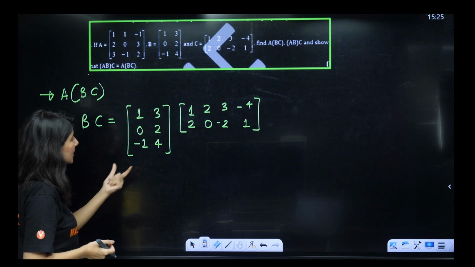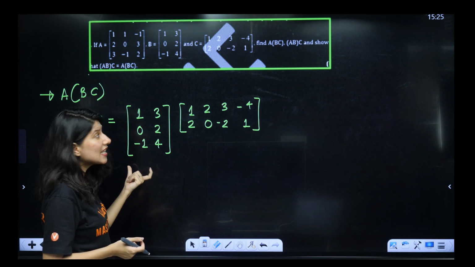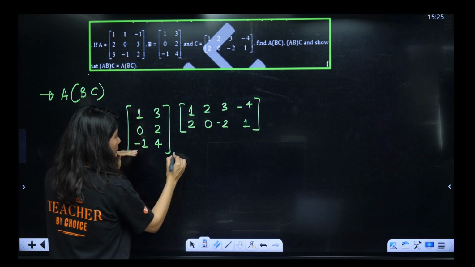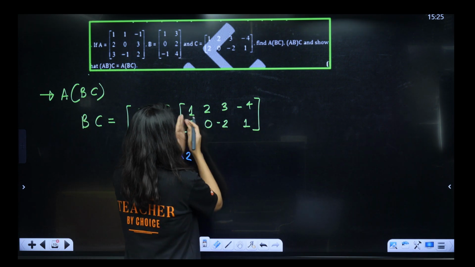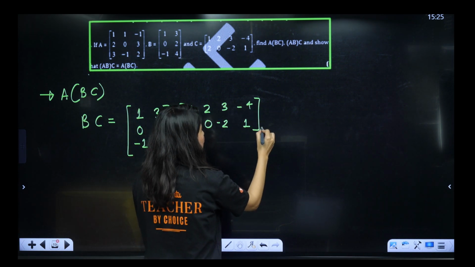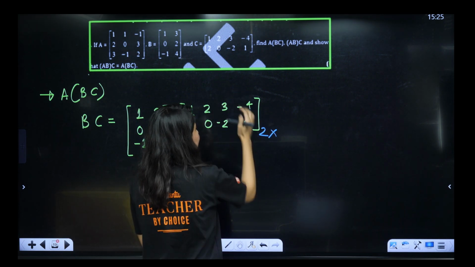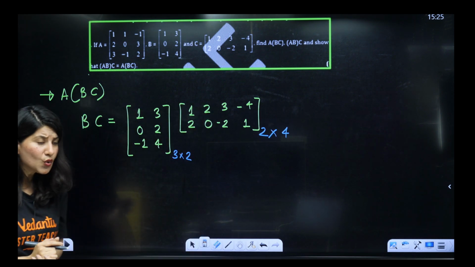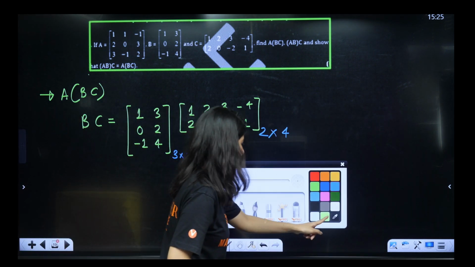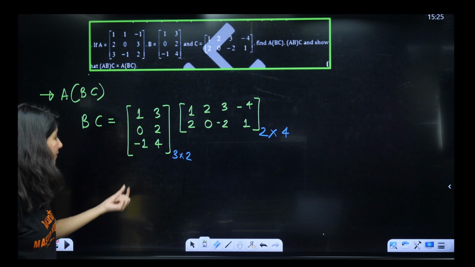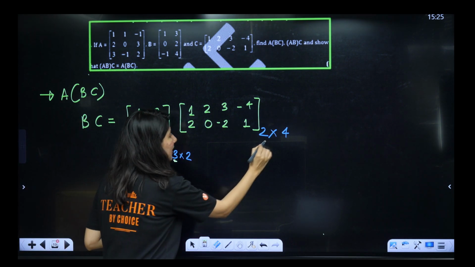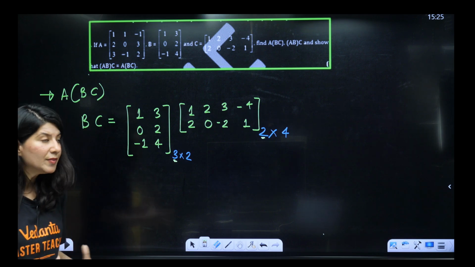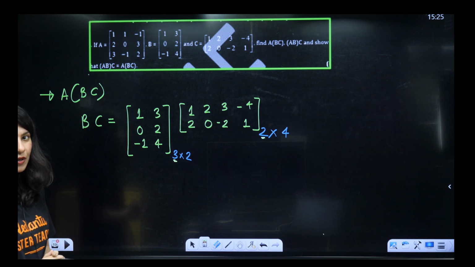Now tell me what is the order of this matrix. How many rows? 1, 2, 3. 3 rows and 2 columns. What about this one? 2 rows and 4 columns. So the final matrix, the BC matrix, will be of the order 3 cross 2.